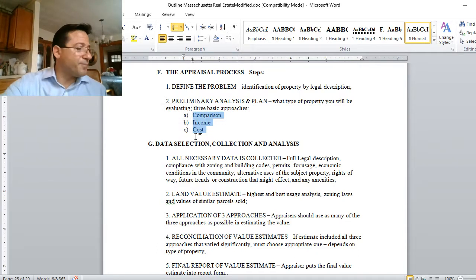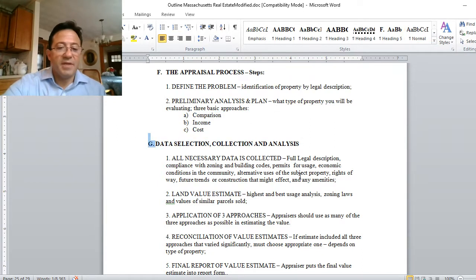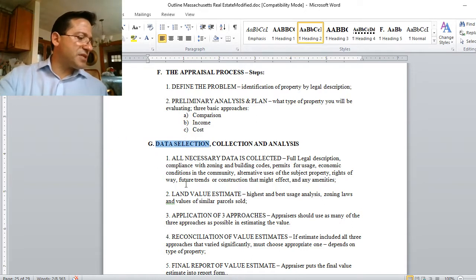All right, so what else? The appraiser then goes on to data selection, collection, and analysis, all right? And that's really the next step. This outline should be falling into place with 1, 2. This should be number 3. So with data selection, collection, and analysis, all the necessary data is collected from different sources identified.